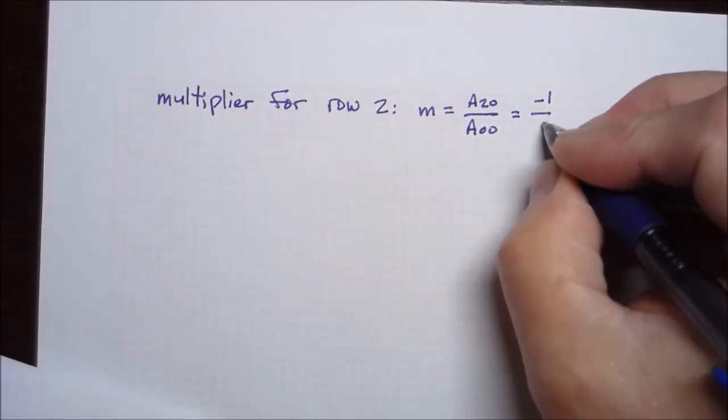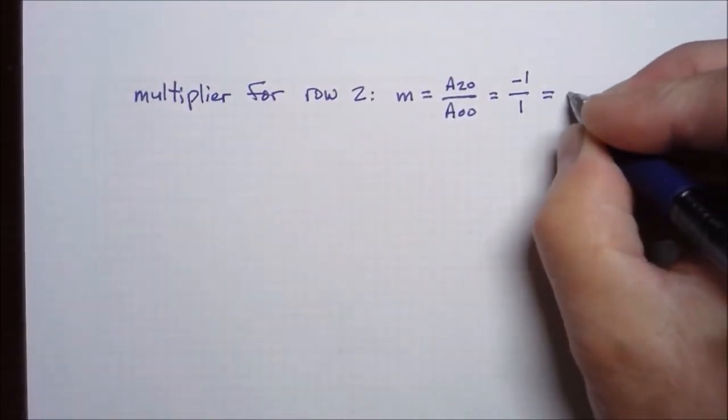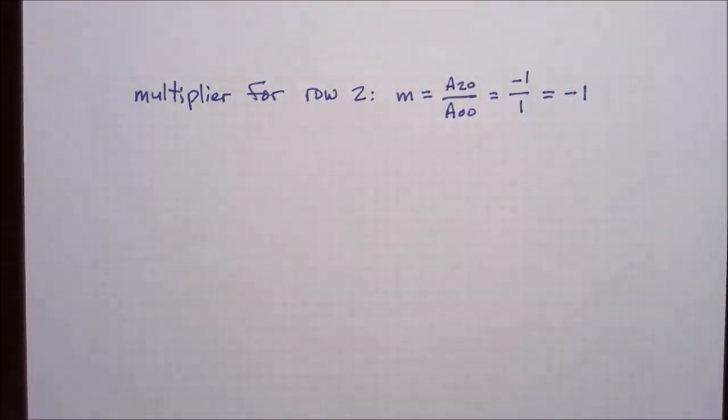So the multiplier is equal to negative 1.